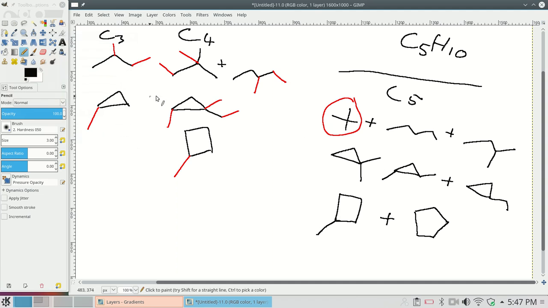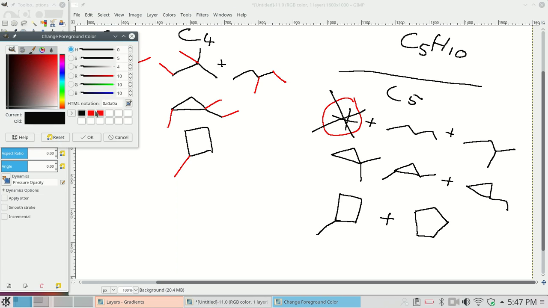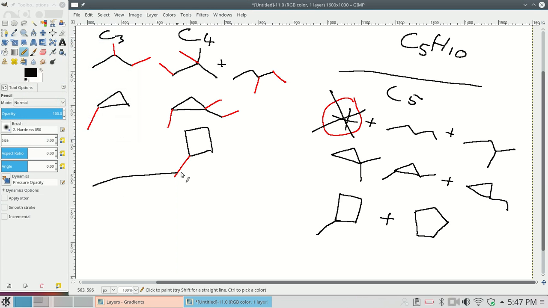So we do not want this structure because we can't do anything with it. The other structures, I'm just going to redraw them now down here. The other structures, we can add double bonds to.